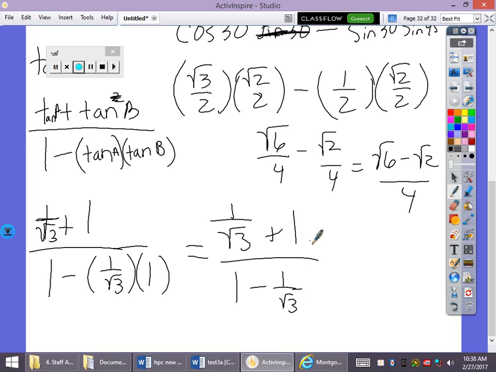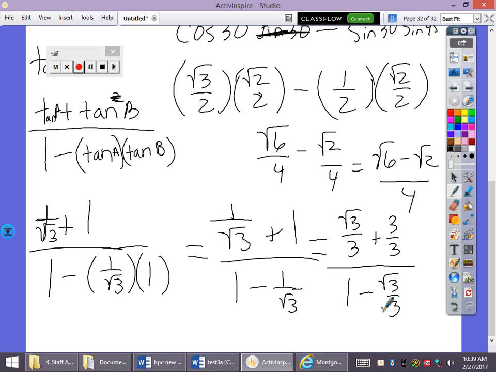Okay. So common denominator. If I rationalize this, it's the square root of 3 over 3 plus 3 over 3 over 1 minus the square root of 3 over 3.